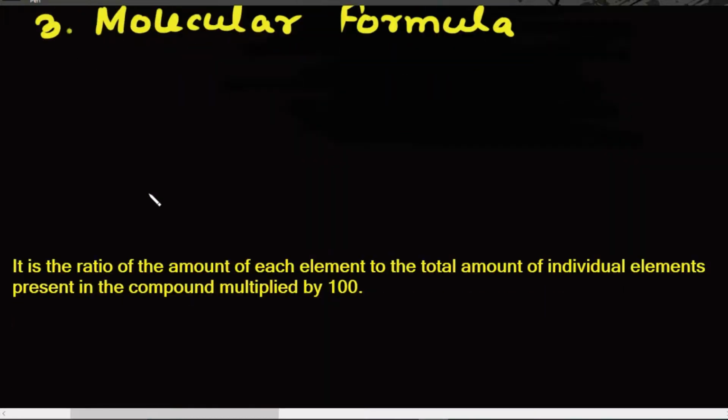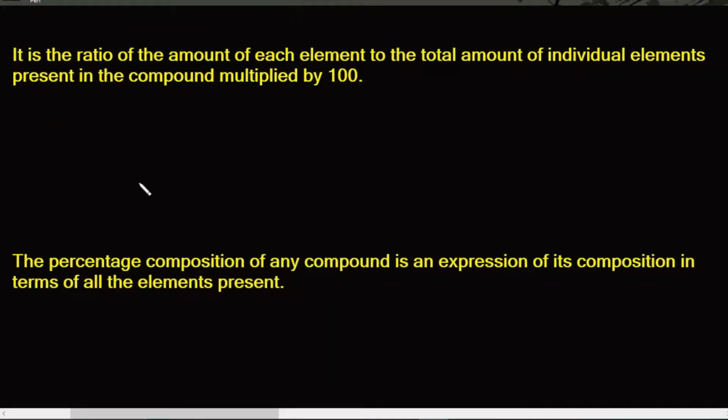So let us first see what is percentage composition. It is the ratio of the amount of each element to the total amount of individual elements present in the compound multiplied by 100. Here we measure the quantity in terms of grams of the elements present in the solution.